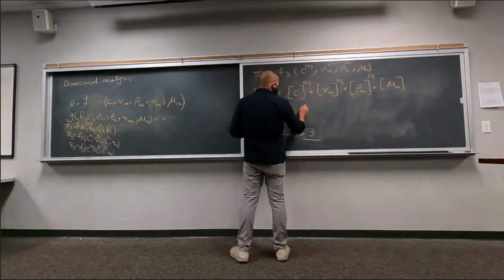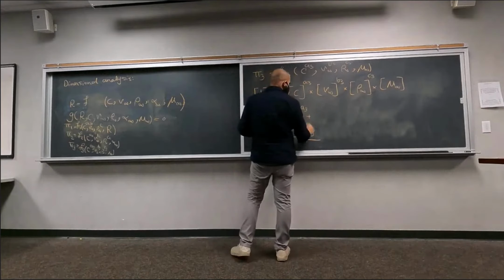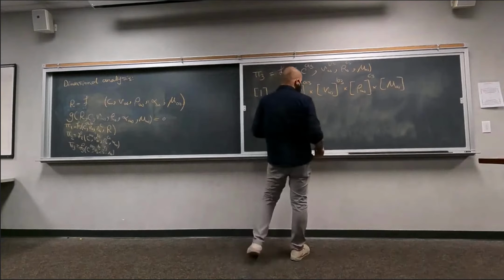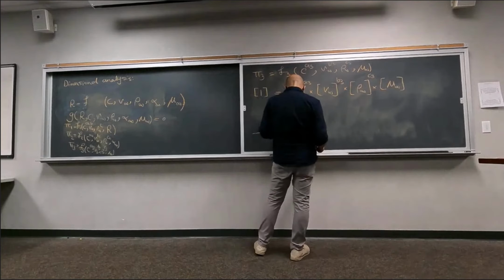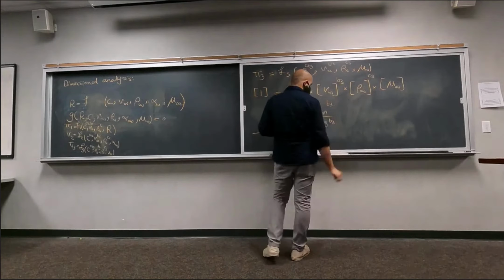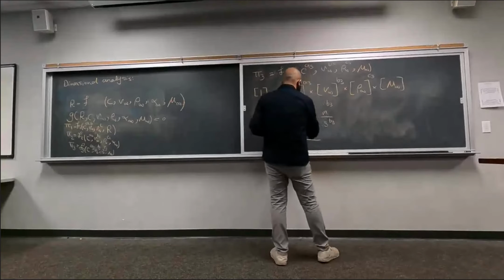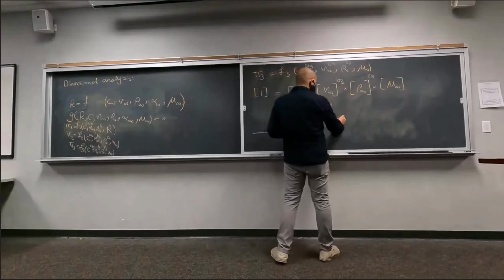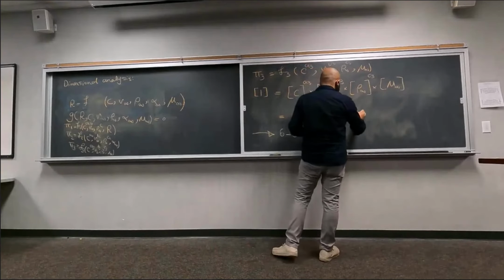So we're going to have m to the power a3, and what is the dimension of velocity? Meters per second. So m to the power b3, divided by s to the power b3, right? Kilograms per cubic meter. So kilogram to the power c3.